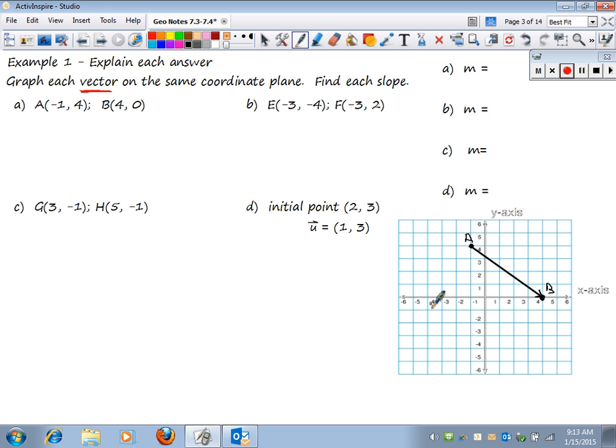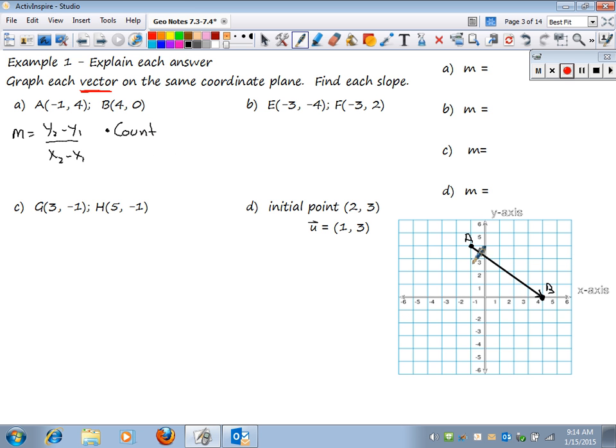Now they want us to find the slope of that vector. So to find the slope, I want to see my change in y over my change in x. Now I could use the y2 minus y1 over x2 minus x1 formula if I want to, because I have 2 points right there. I could just plug those in and get my slope. With a graph, I could also count.